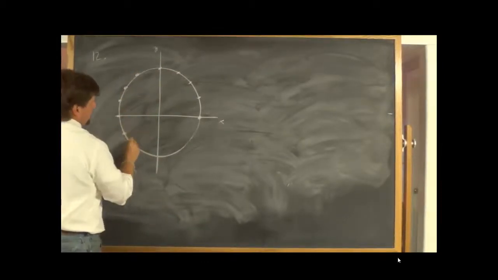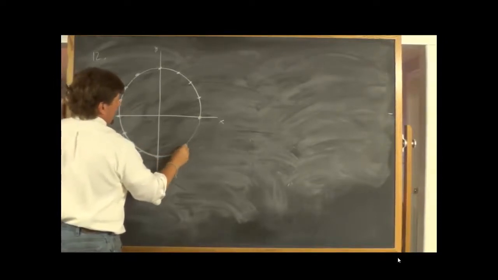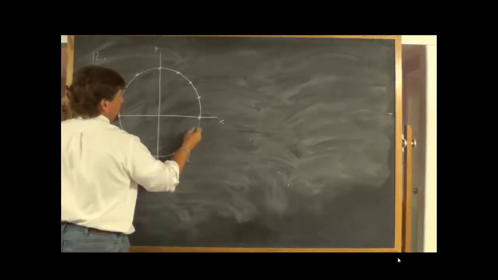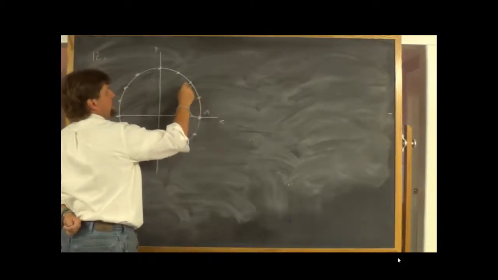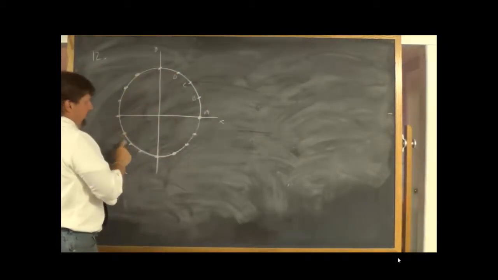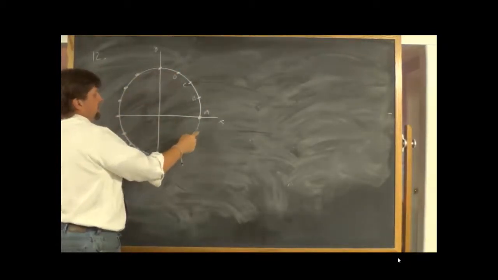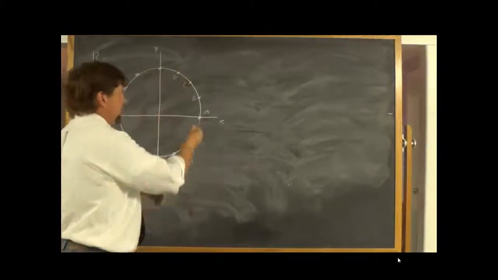And when I say they'll be labeled, A through whatever on the alphabet. This would be point A, this would be B, C, D, E, F, G, H, I, J, K, L, M, N, O, P. So you would have these points all the way around just labeled.